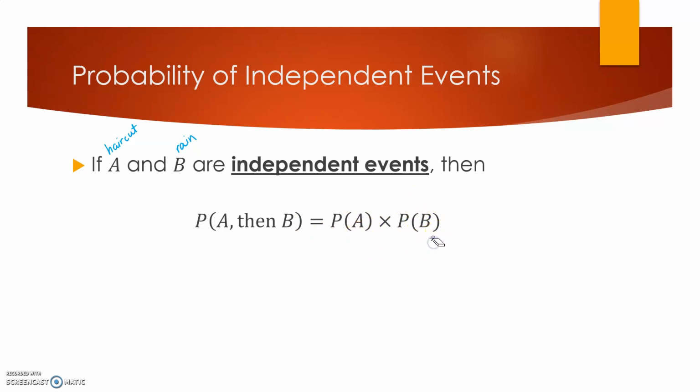Now remember, your probabilities are always between 0 and 1. So when we multiply these together, we should end up with another probability that is also between 0 and 1.